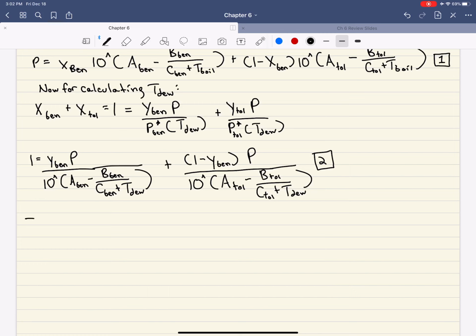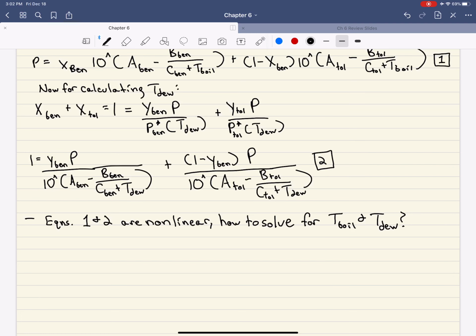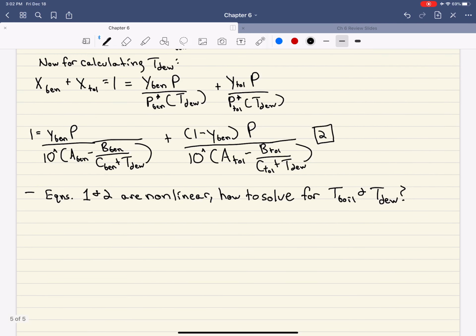And so I'll say here, equations 1 and 2 are nonlinear. In other words, how are we going to solve for T boil and T dew? And this is not just a problem that you're going to encounter in this video. This is a problem you're going to consistently encounter in this course, where you're going to deal with complex nonlinear equations. So how are you going to solve for them?